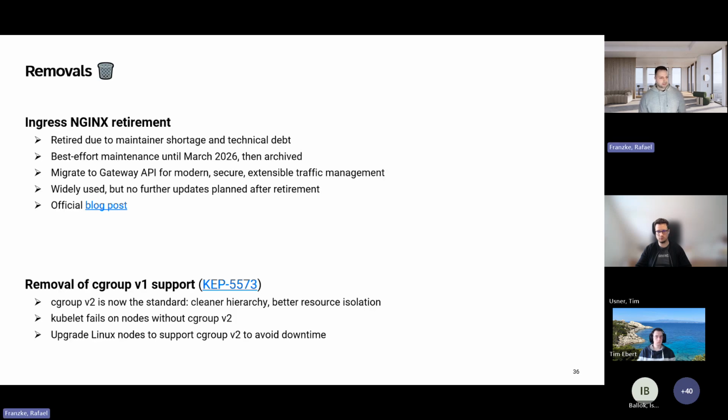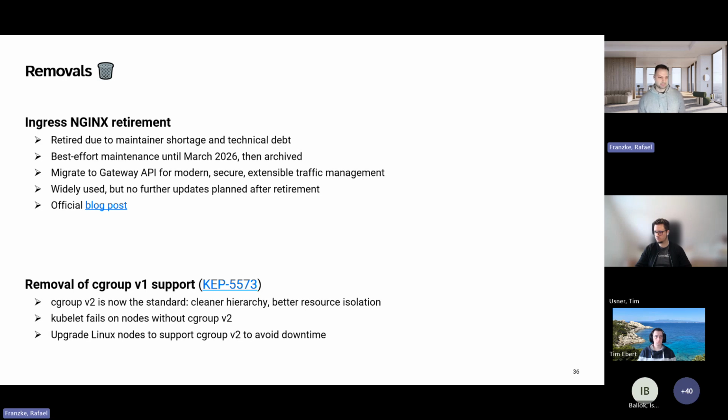Then, of course, the Nginx ingress retirement. It was again made very prominent in this release because it will also go into effect in 3 weeks. In 2024, it was already announced that the maintainers plan to wind down their investments in the ingress Nginx controller in favor of the Gateway API.